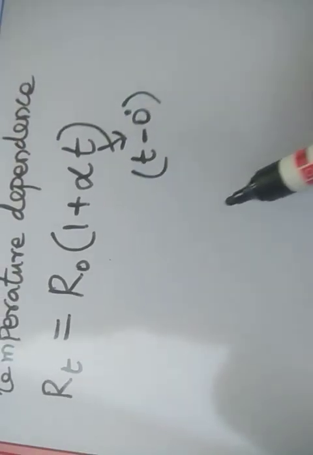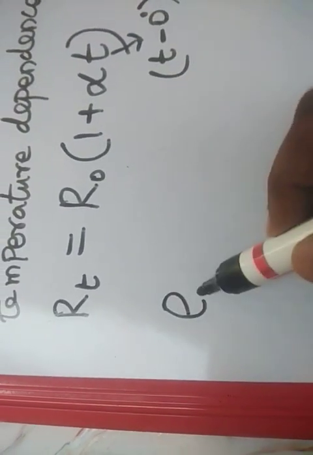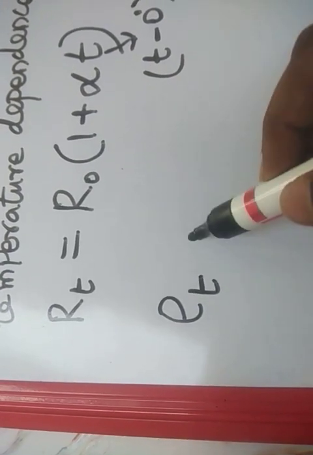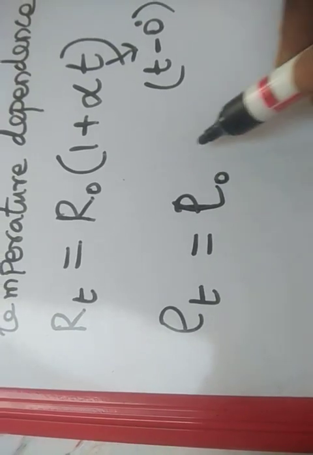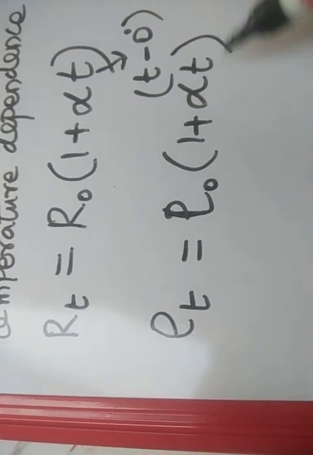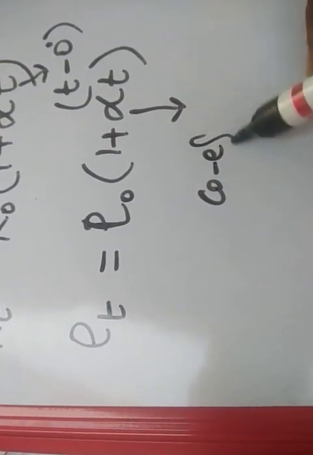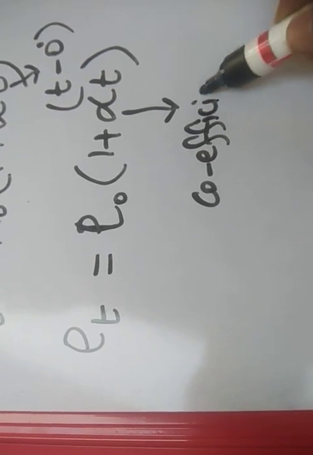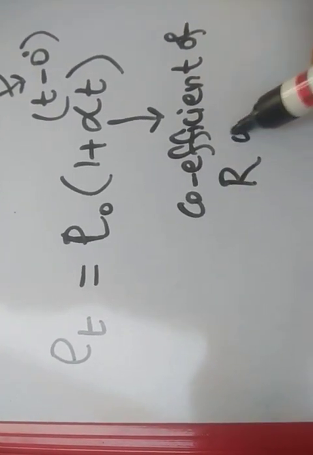Similarly, we can write the resistivity of that material at temperature T is equal to ρ0 times (1 + αT), where this α is called the coefficient of resistivity or resistance.